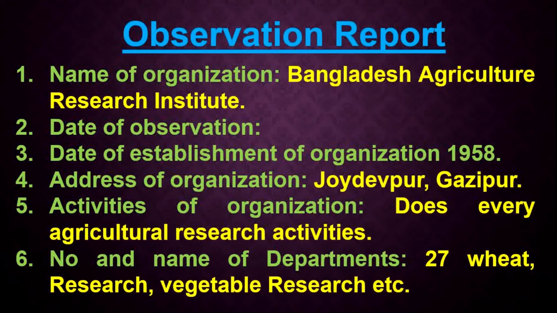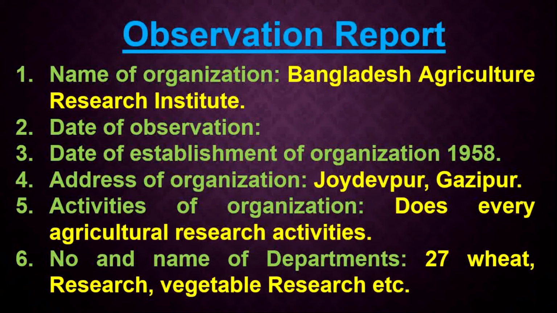Number 1, name of organization: Bangladesh Agriculture Research Institute. Number 2, date of observation: you have to note down the date of going there. Number 3, date of establishment of organization: 1958.